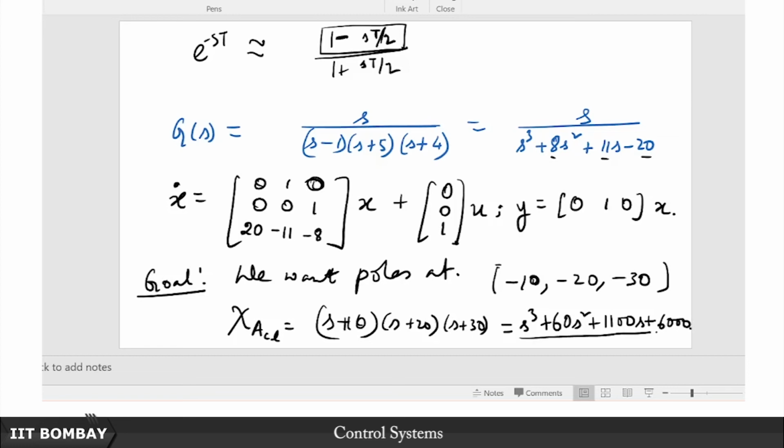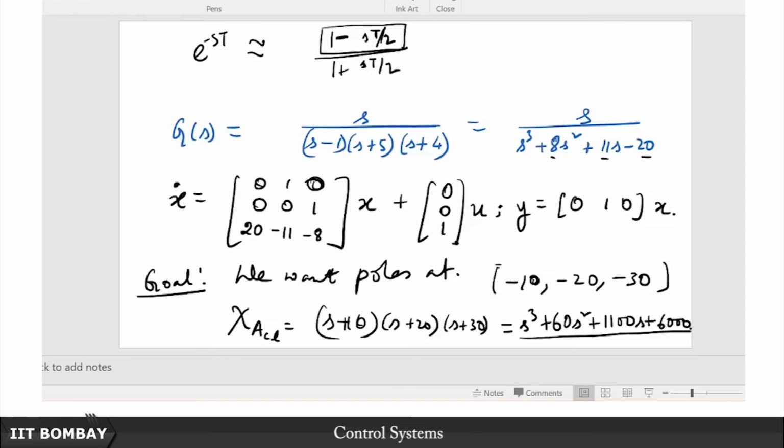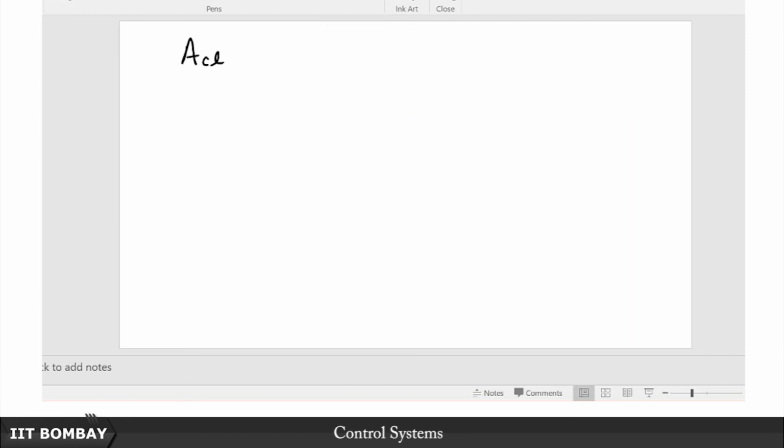Just check that this is my desired closed loop polynomial. So therefore, what is my desired ACL? See, if I am given all of this in the phase variable canonical form, this is all very easy, it is too easy.